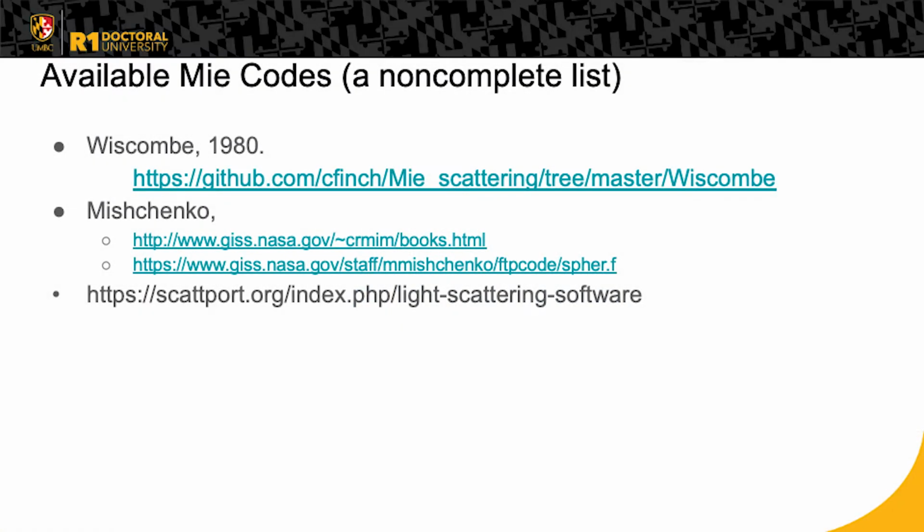Available Mie codes. I don't want to teach you how to write a Mie code, which is well developed, so you can have the references here. I think the most well written is the Wiscombe code. When I started to use Mie code, his code was still available online, and eventually the website was not accessible anymore.